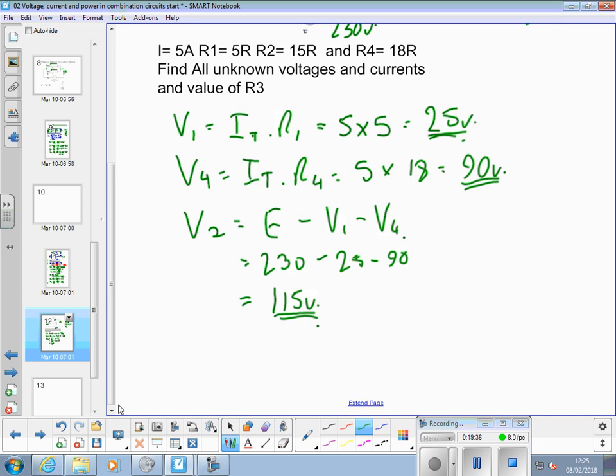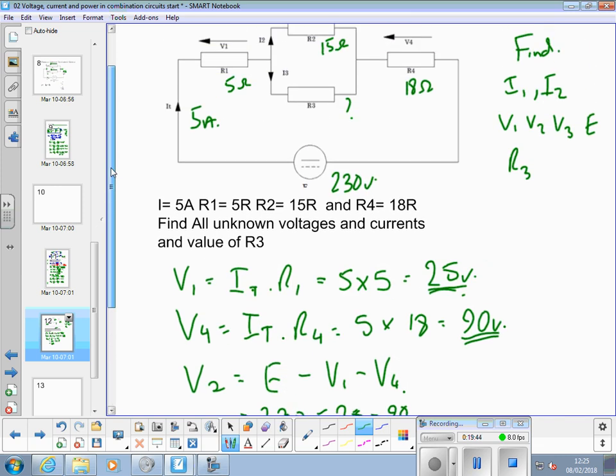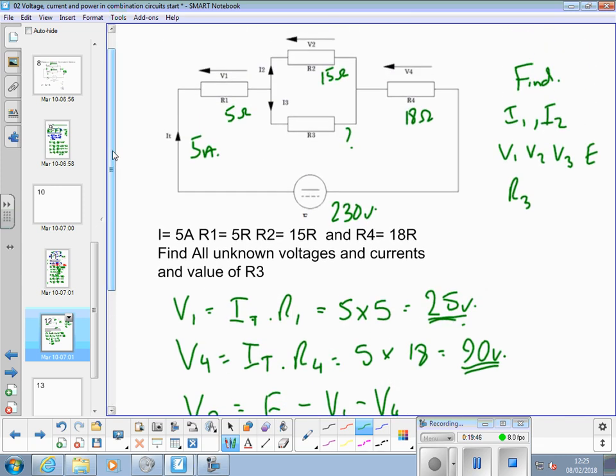Yeah, you can work out what the total of those two together is, and then rearrange the parallel formula to find R3. Or you can find I2 now, take it away from the total to get I3, and then use I3 and the voltage to find the resistance. So there's two ways you could do it.